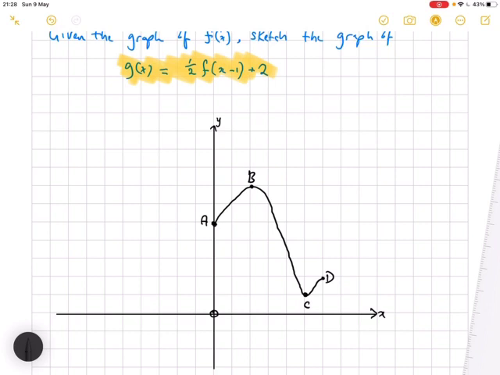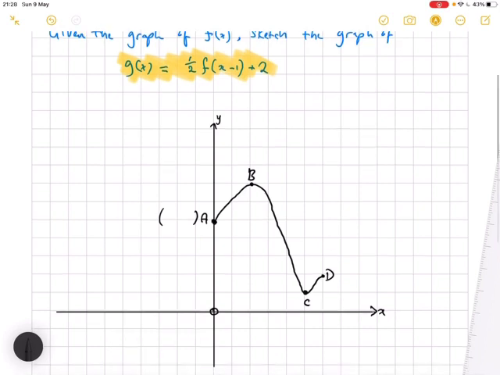So here, let's say A is x is 0, y is 2, 4, 6, 8, 10. Let's say B is x is 2, y is 12, no, 14.